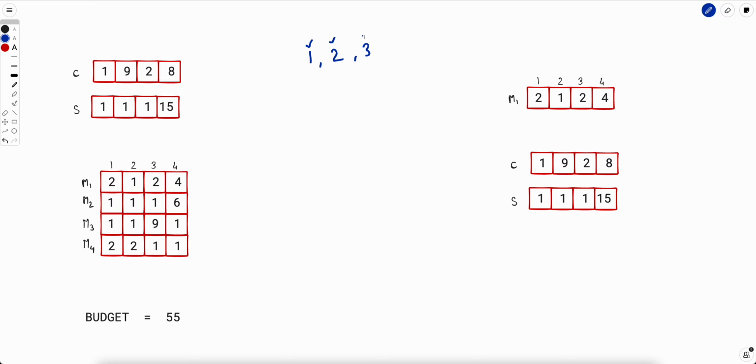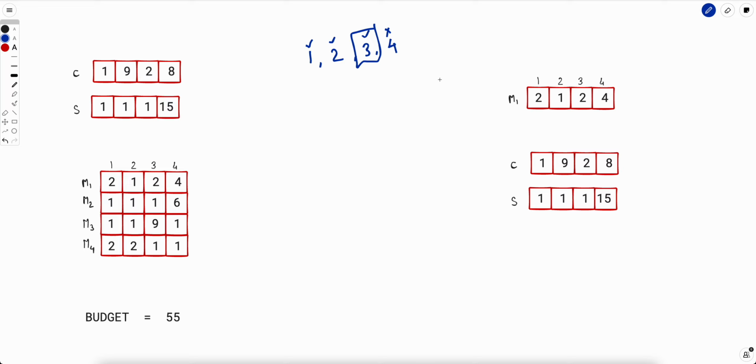If it is possible to make three alloys as well, I will check, is it possible to make four alloys? If it is not possible to make four alloys, it means I can make a maximum of three alloys using M1. And 3 would be my answer for M1. Similarly, we'll find it for M2, M3, M4 and take the maximum and return the answer.